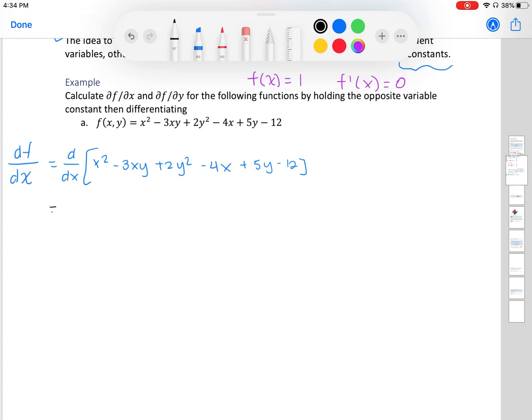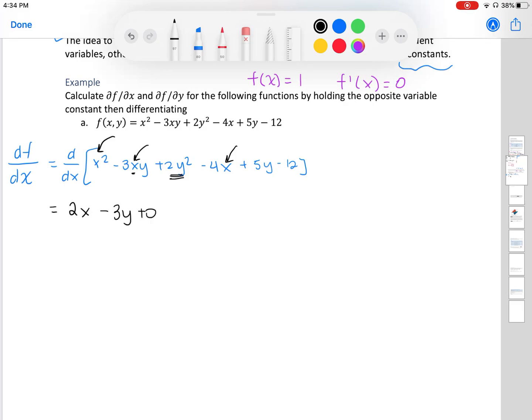Okay, so let's work this out. We only want to take the derivative of our x's. Anything else will be treated as a constant. So for my first term, x squared, the derivative of x squared is 2x minus the derivative of x is just 1. So we have 3y. 2y squared, well, that's technically a constant. We know y is a variable, but we're differentiating in terms of x only, not y.